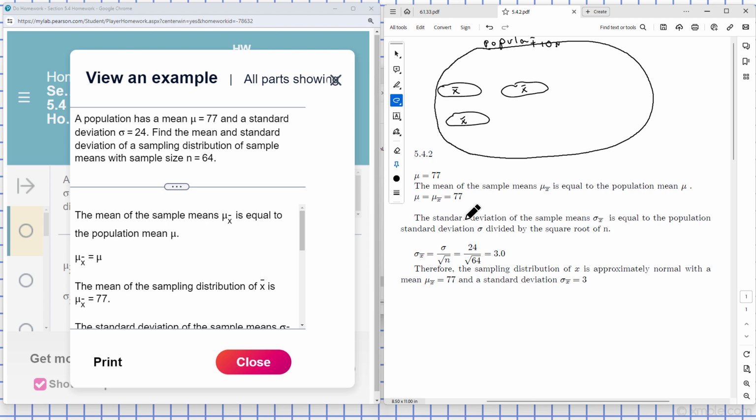The standard deviation of the sample means is equal to the population standard deviation divided by the square root of n.